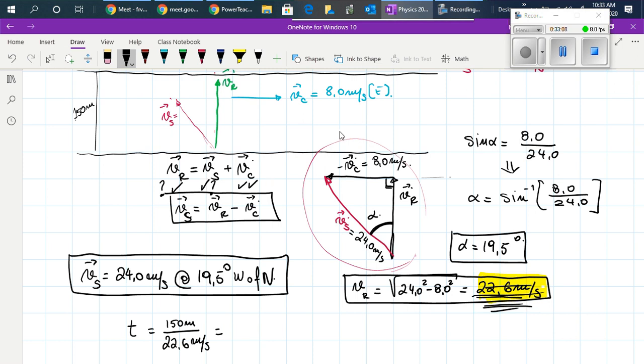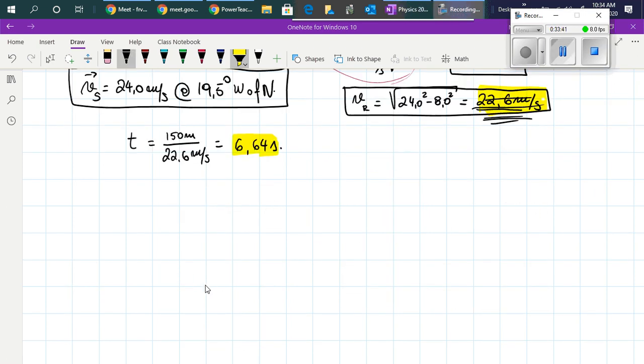So 150 divided by 22.6 is equal to 6.64 seconds. This will be the time the swimmer needs to swim to the other side of the river while adjusting the direction to end up straight across from the point where it started. Does this make sense?